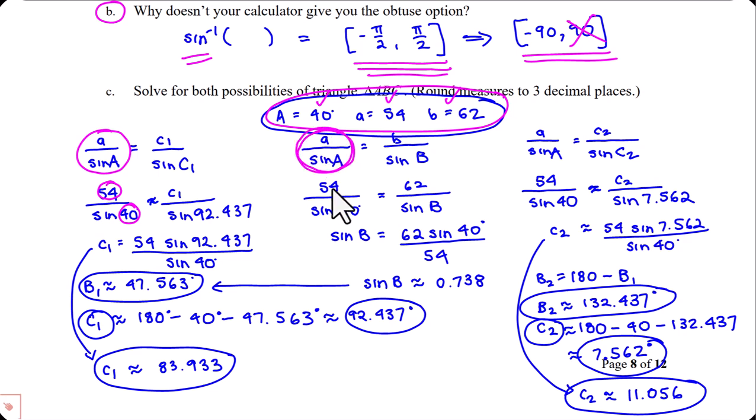I know the side and the angle. I know side B, so I can find angle B. Cross multiply, solve for sine B. Here's the sine value.